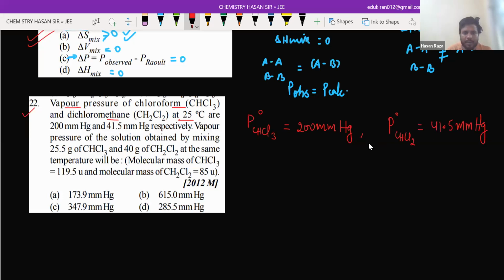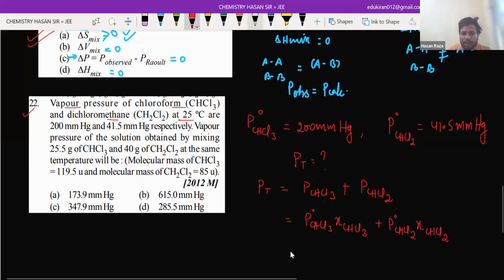Now we need to calculate the vapor pressure of the solution obtained by mixing, that means PT, the total pressure. You know that total pressure is the partial pressure of chloroform plus the partial pressure of dichloromethane. Accordingly, from Raoult's law, the partial pressure of chloroform equals the pure pressure of chloroform times the mole fraction of chloroform, plus the partial pressure of dichloromethane equals the pure pressure of dichloromethane times the mole fraction of dichloromethane.